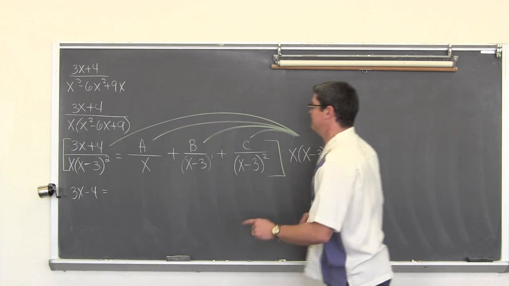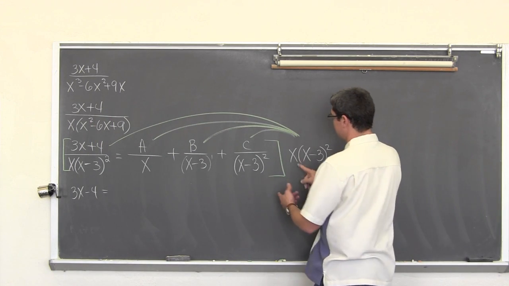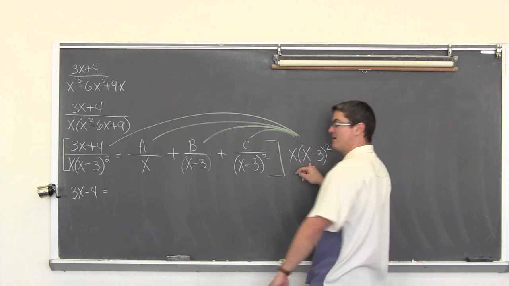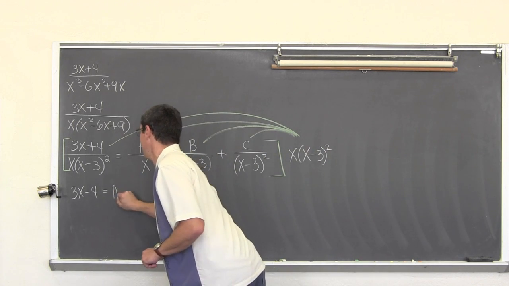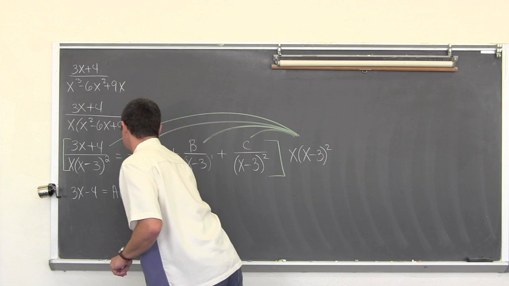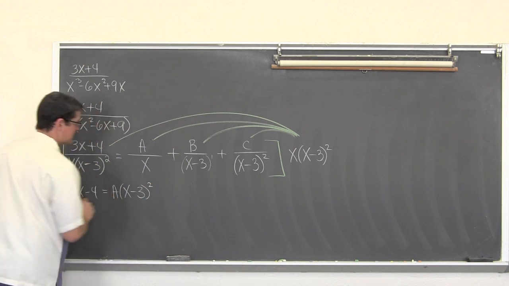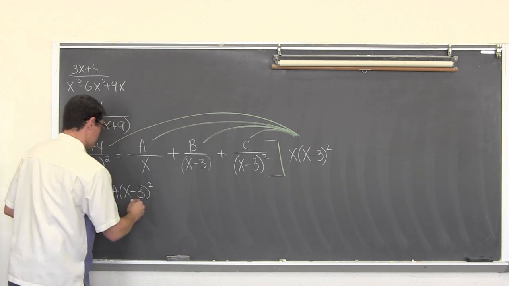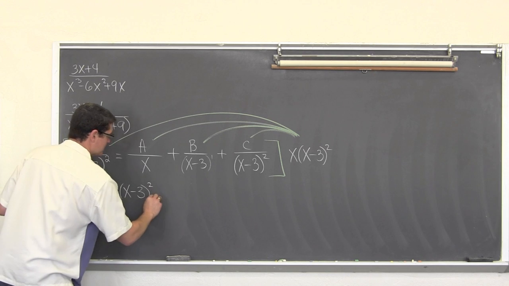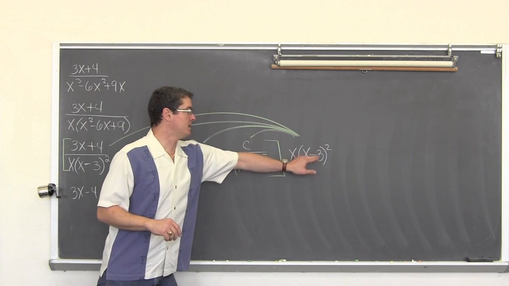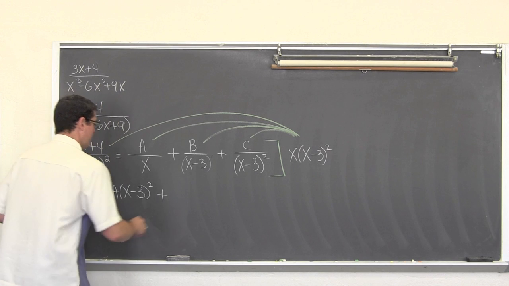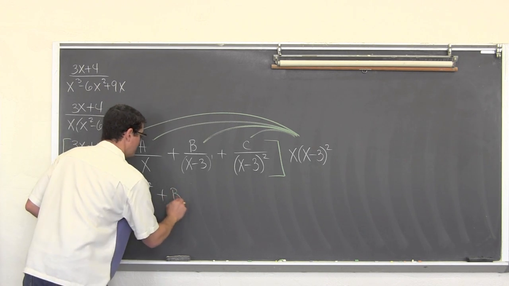And then now we've got x times x minus 3 squared times a over x. Those x's are going to cancel out, giving us a times x minus 3 squared. And then when we get to the second term on the right, the x minus 3 will cancel out with one of these x minus 3's, and we get b.